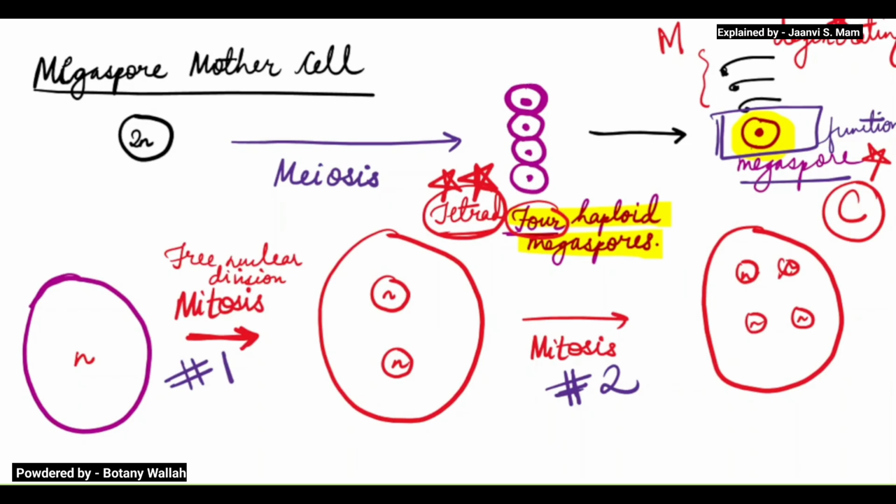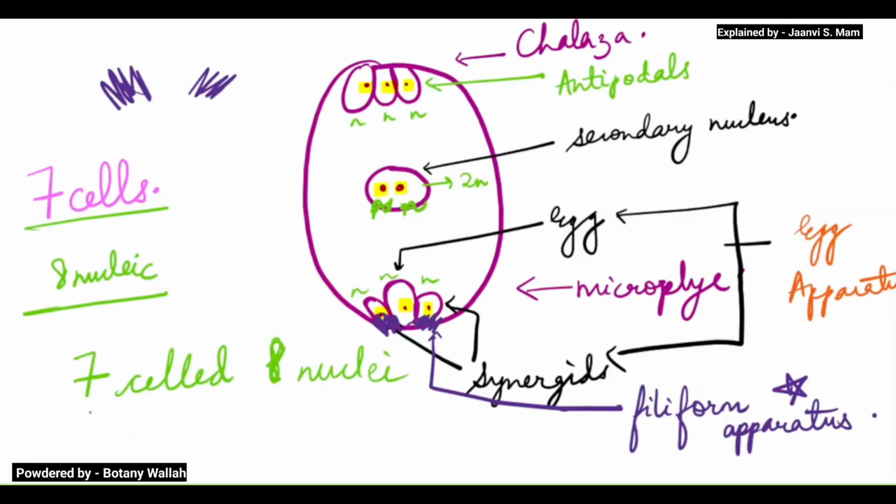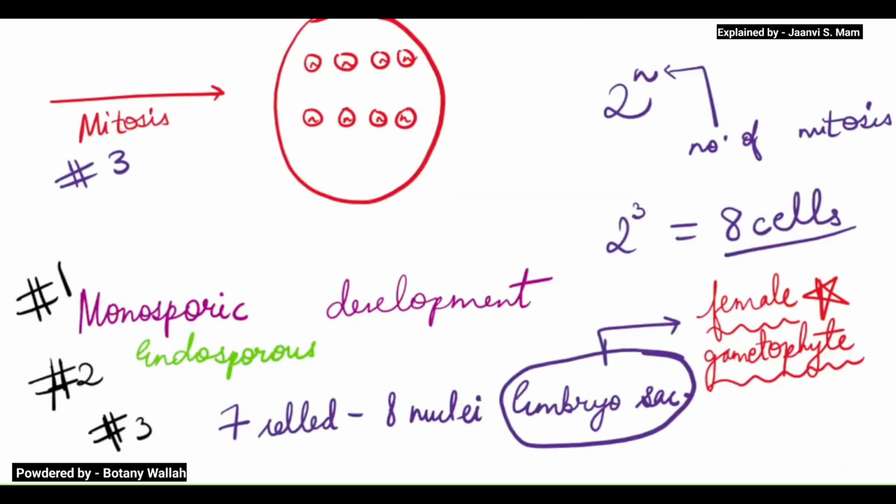One scientist name is left. Okay, I will tell you the name of the scientist also. This structure which we had discussed, which I have written the name of here, was discovered by S.G. Navashin. You should know the name of the scientist. Even the double fertilization topic was given by S.G. Navashin.